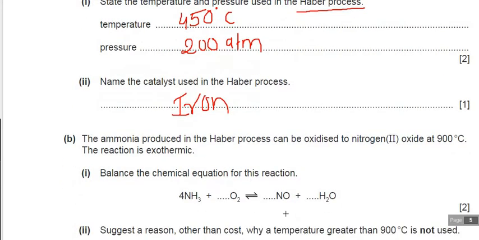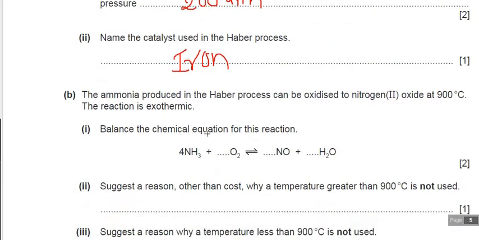Now in the next question they are asking, balance the chemical equation for this reaction. So 4 mole of ammonia reacts with dash mole of oxygen, giving you dash mole of nitrogen oxide and dash mole of water. Here, if you balance it, you can check there are 4 atoms of nitrogen and 12 atoms of hydrogen. 4 3s are 12, and nitrogen is just 4.